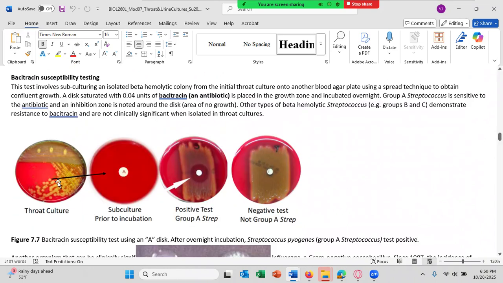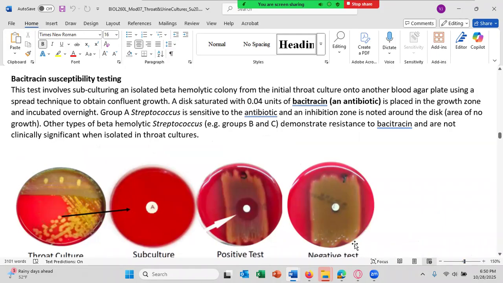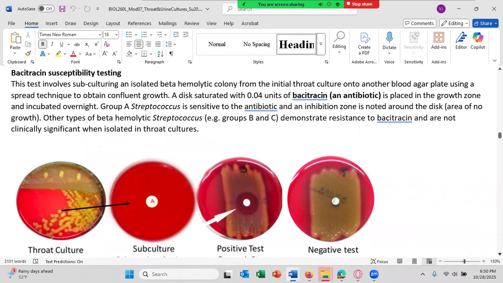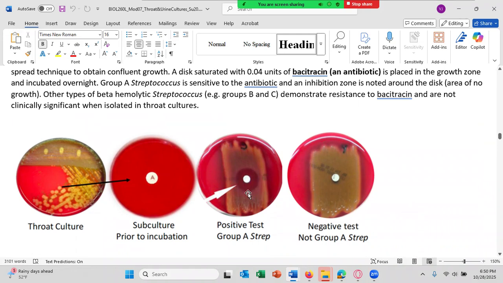You take the bacteria from the blood agar and then streak it in this region of the plate here, put on a disc containing the antibiotic bacitracin in it, allow the bacteria to grow, incubate, and if you see a zone of inhibition around the disc, as shown here, then the test is positive because the bacteria are sensitive to bacitracin, and group A Streptococcus or Streptococcus pyogenes is sensitive to bacitracin.